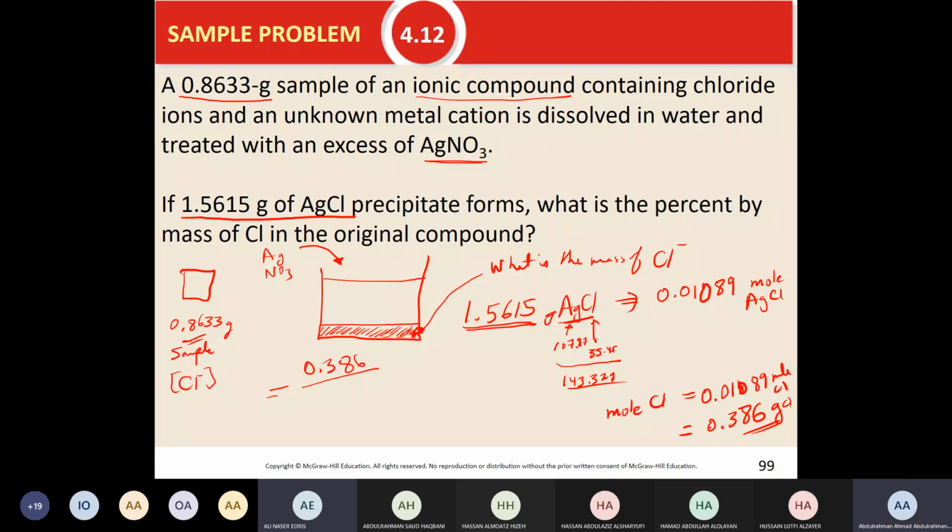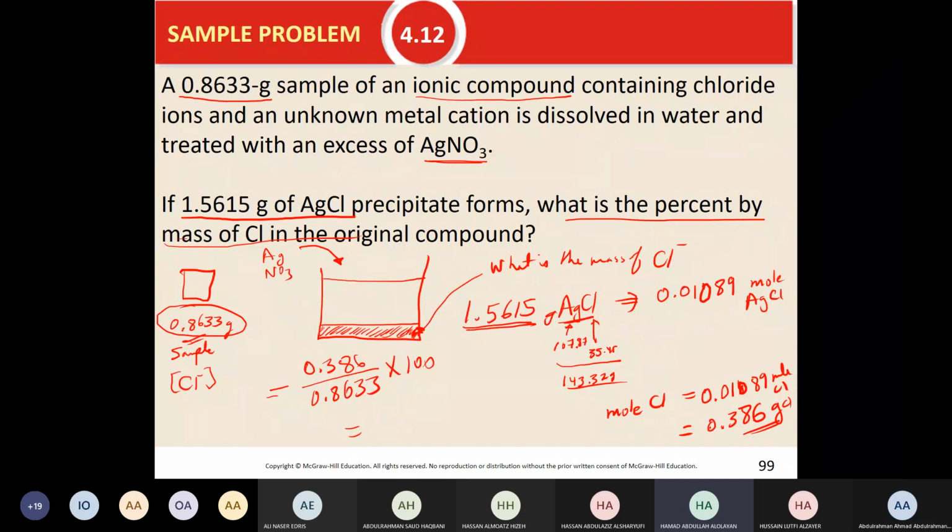I want to know the percentage by mass of the chlorine in the sample. So this is 0.386 divided by 0.8633 times 100, which is 44.71%.